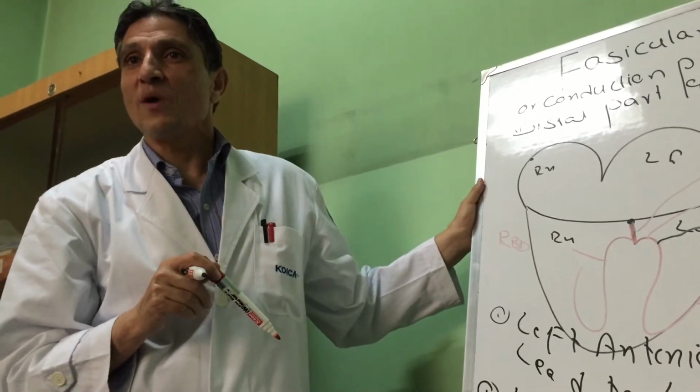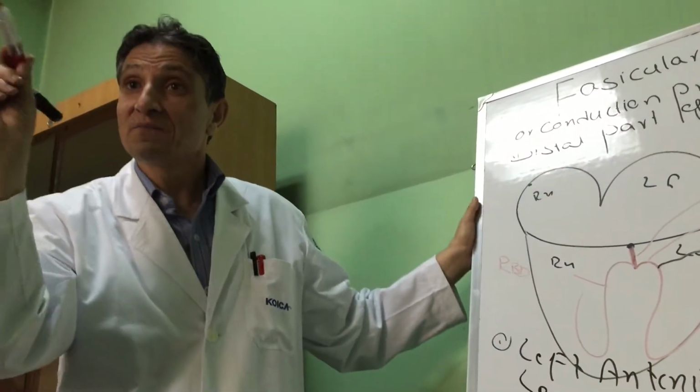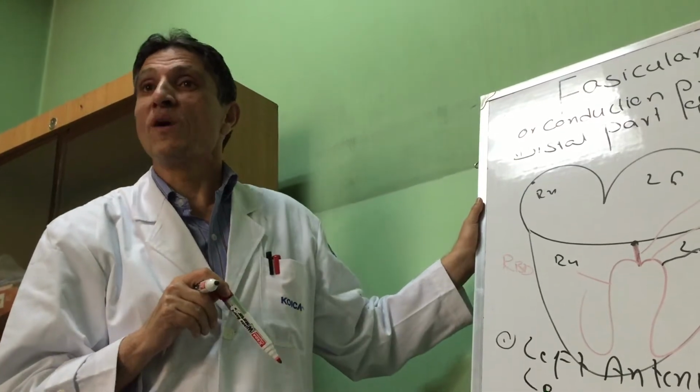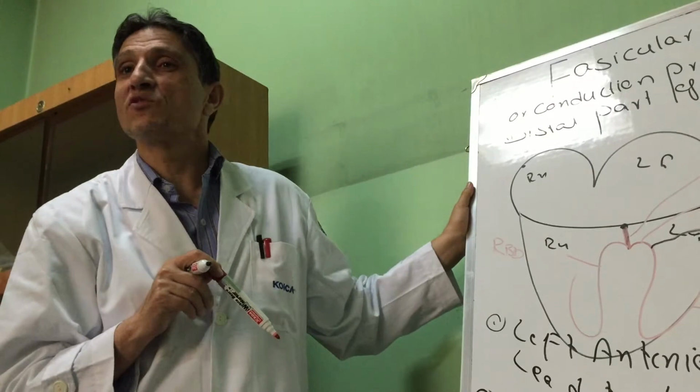In the ECG, what type of pattern will left anterior hemiblock produce? Left axis deviation.